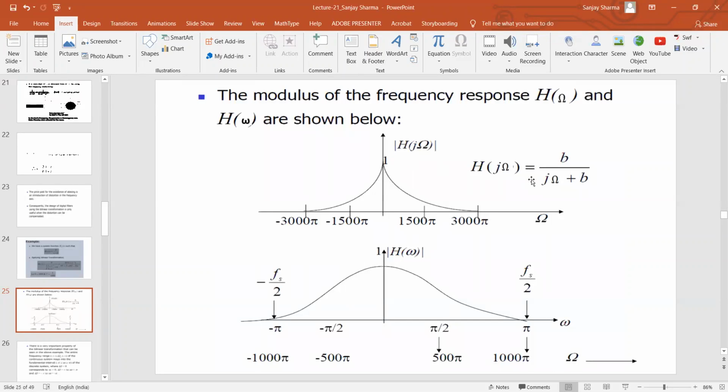We plot the magnitude response in the analog domain, along the x-axis is capital omega, along the y-axis is magnitude response, and we obtain a graph like this.